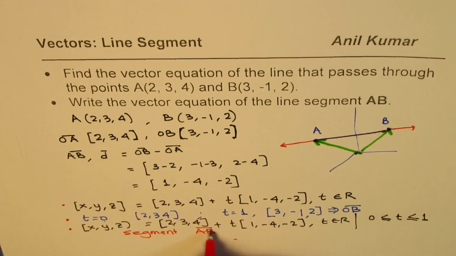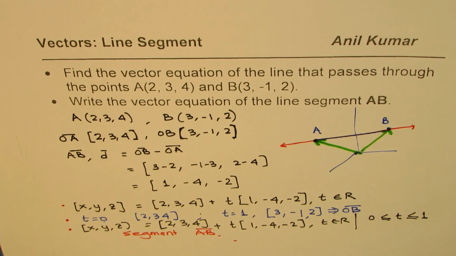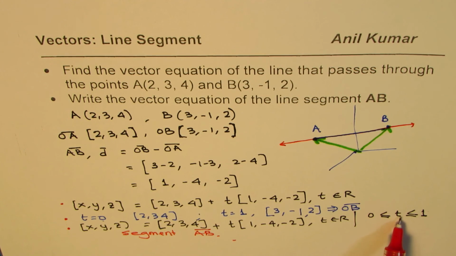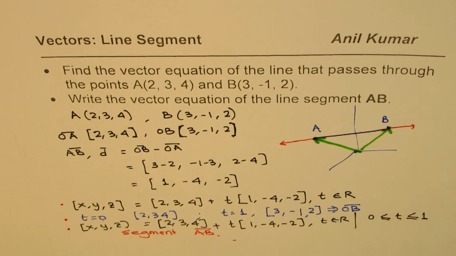I hope you understand the concept. So segment AB is the portion of the line where the parameter t is within 0 and 1. So that is how the segment is related with the line. I hope that helps you to understand the concept.